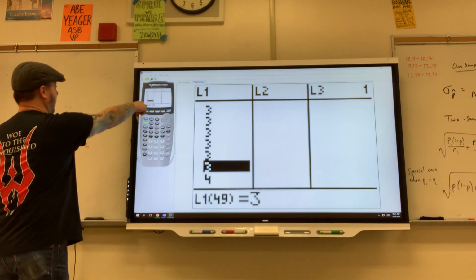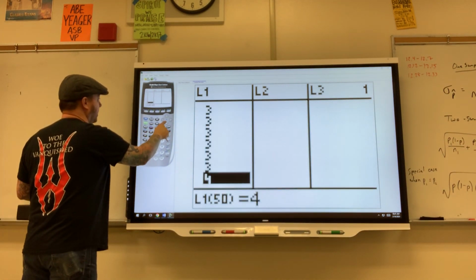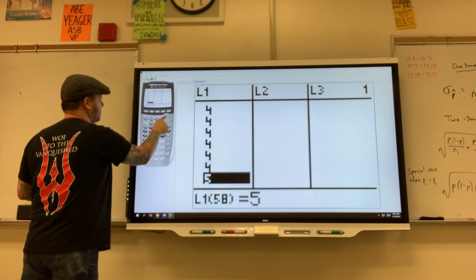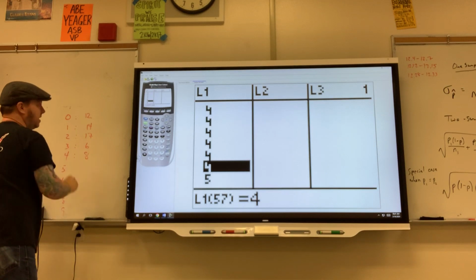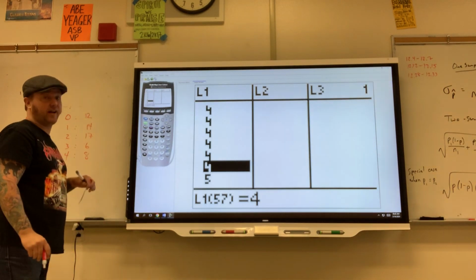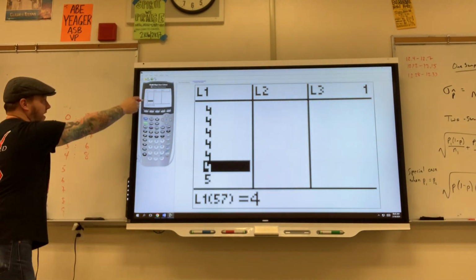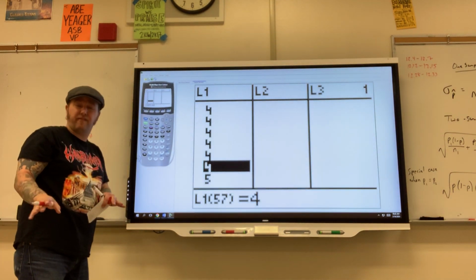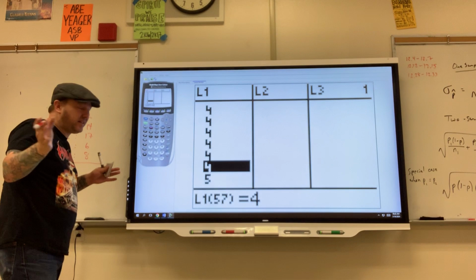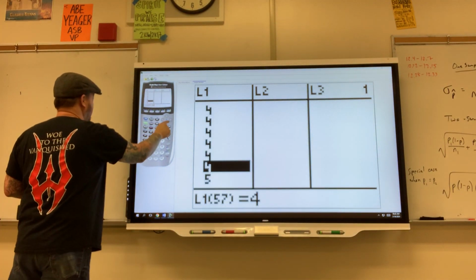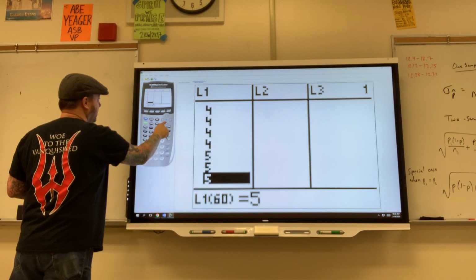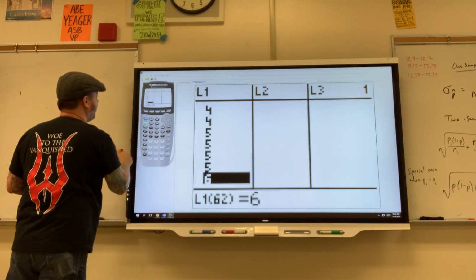Where are we at? 4. 1, 2, 3, 4, 5, 6, 7, 8 fours. All right, so the first 5 digits, I have 56. It should be right around 50. 56 isn't that bad. Let's see what it looks like. So 5s, 4 5s.